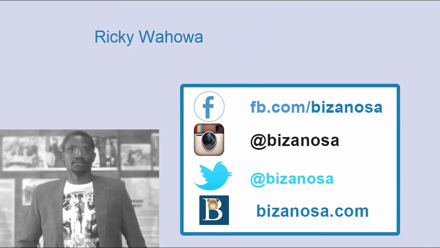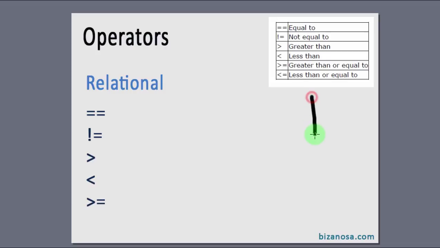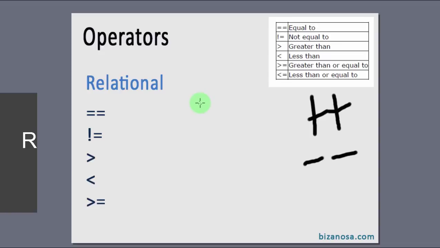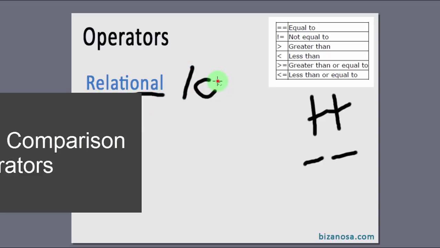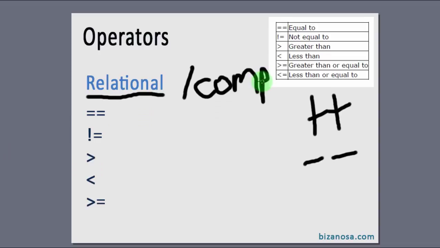Hi and welcome back. So let's be glad that the plus plus and the minus minus operators are behind us now. That means we can move on to a different kind of operators, and the next thing we are going to look at is the relational or the comparison operators. These are operators that are used to compare two values.